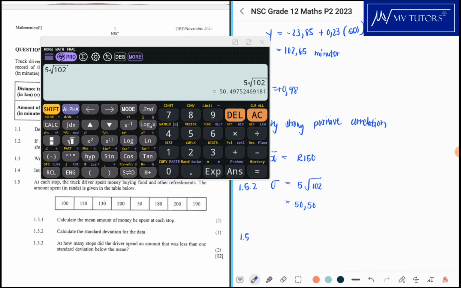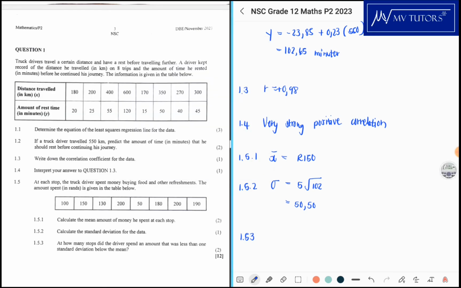And then 1.5.3, that's the last question in question 1. It says, at how many stops did the driver spend an amount that was less than 1 standard deviation below the mean? Okay, so we know the standard deviation, there it is, 50 rand and 50 cents. So what do you do if it's less than 1 standard deviation?